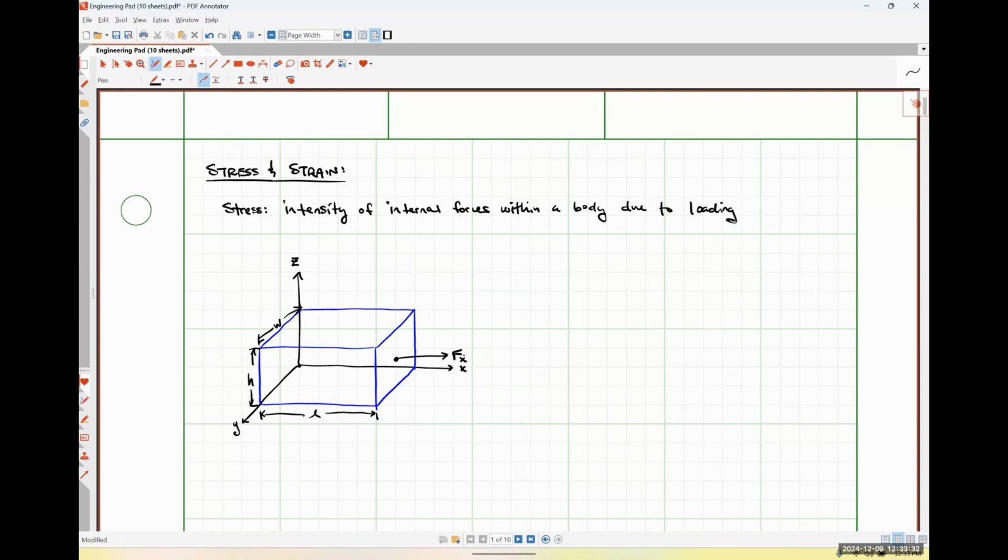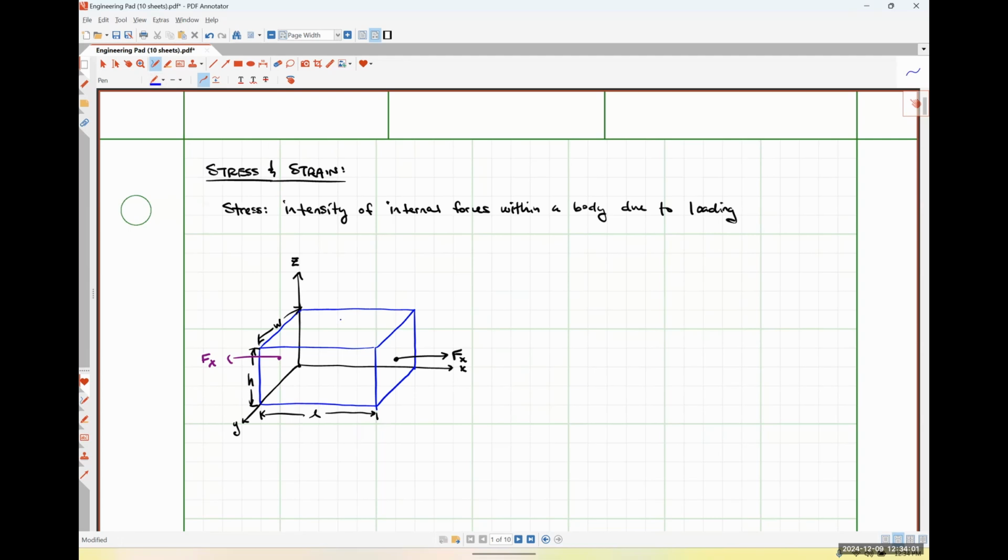And if we assume that our beam is anchored to the YZ plane, we should see also an equal and opposite force over here.